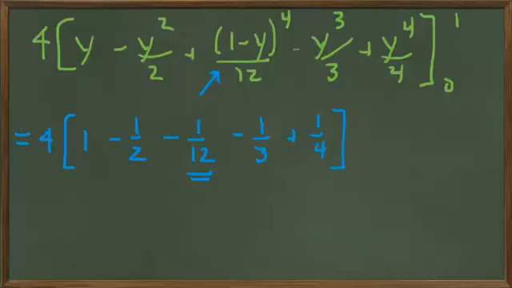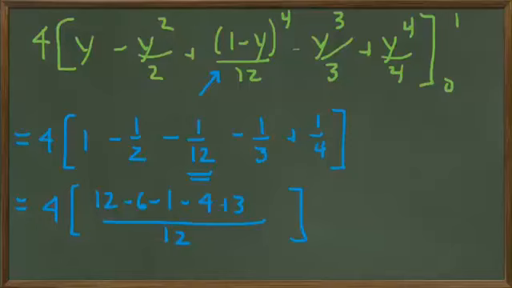And then if we get a common denominator of 12, we see that we get this, right? 12 from the 1, 6 from the half, 1 from the 1/12, 4 from the 1/3, and 3 from the 1/4.